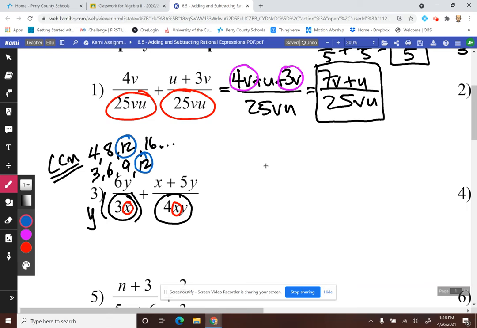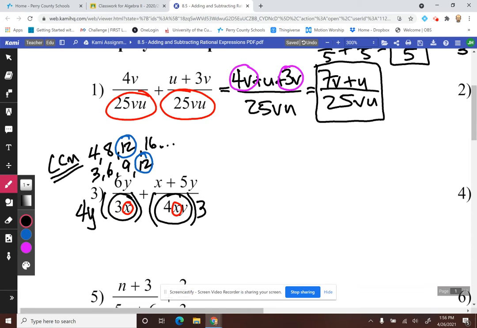Well, what do I multiply 3 by to get a 12? I need to take 3 times 4, right? Notice 1, 2, 3, 4. So I need to also multiply by a 4 here, not just by a y, but also by a 4 in order to make this a 12. Right? Now I also need to make this a 12, which means that I need to multiply this whole thing by 3. Okay? So it's a lot like that problem we did just a few minutes ago where we were trying to find the common denominator.